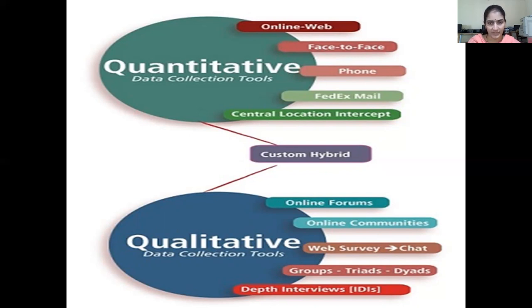The qualitative data can be collected in a similar way, through online forums, online communication communities, web surveys, chat groups, triads, and depth interviews.